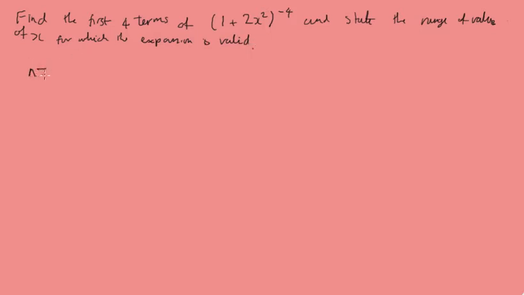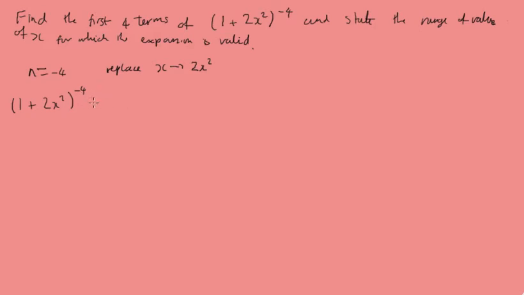So we've got n equals minus 4, and instead of having our x, we're going to replace x with 2x squared. So we'll have 1 plus 2x squared to the minus 4.